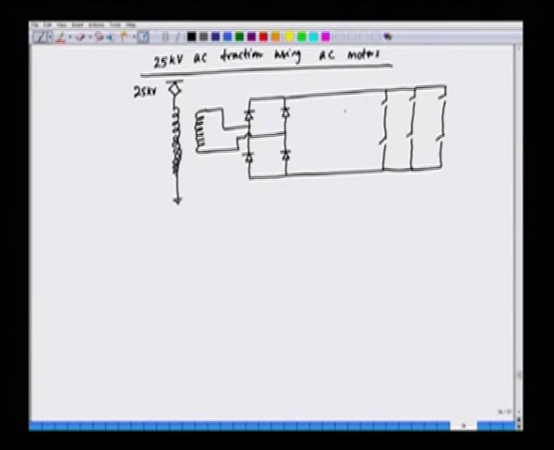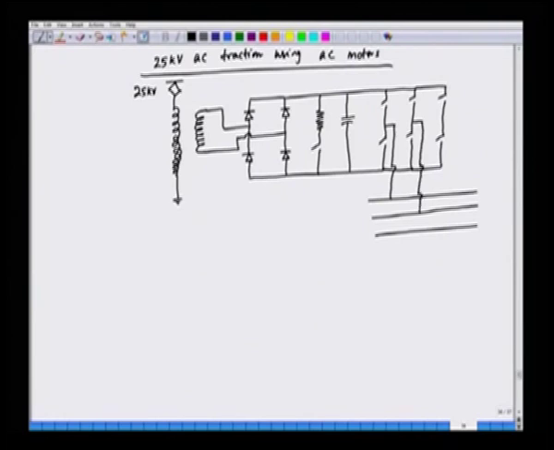We have the DC link in this case. So, we have the DC capacitor, and then we can have the braking resistor for dynamic braking, and we have the motors connected to the output of these inverters. So, these are the induction motors.